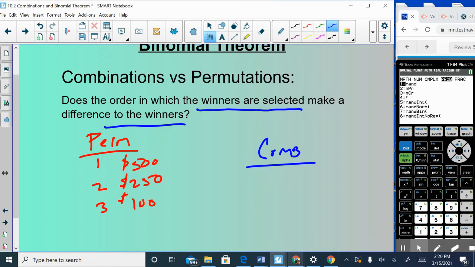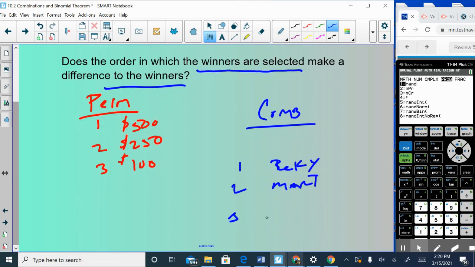If my question was how many different groups of three could move on to sections, that would be combinations, because if Becky and Martin and Gia all take first, second, and third, or if Martin finished first and Becky finished second and Gia finished third, that's the exact same thing. It didn't make a new group of winners. And so that's when you would be talking about a combinations example.